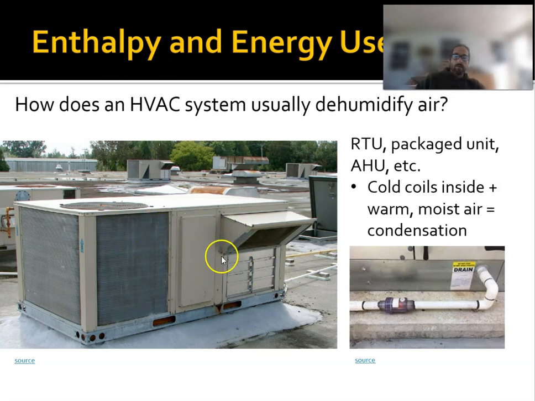Then somewhere in here, there are going to be evaporator coils. Remember, in the evaporator coils you have to vaporize the refrigerant, so you have to add heat to it. You take heat from the air in here. This is the outside air damper, which allows outside air to come in if you need fresh air.